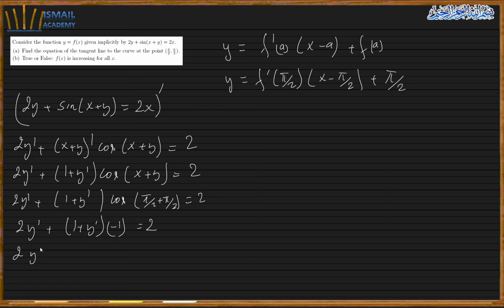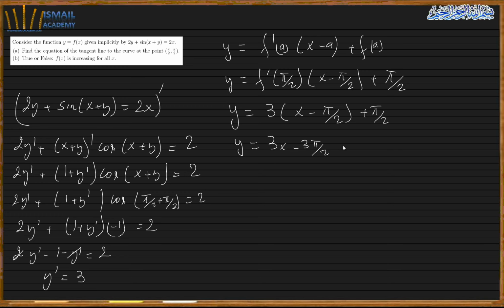So 2y prime minus y prime plus 1 equals 2, so this is just y prime, subtract 1 from both sides, y prime will be 1. Wait, so my tangent line will be 3 times x minus pi over 2 plus pi over 2, distribute the 3, 3x minus 3 pi over 2 plus pi over 2, which means that y will be 3x minus 2 pi over 2, which is pi, so it's going to be 3x minus pi, and this will be my answer.